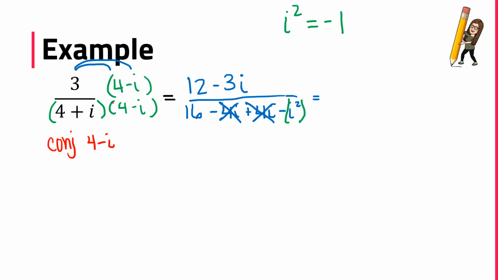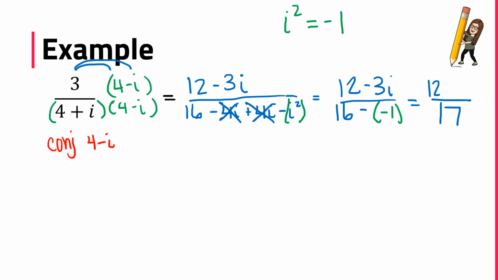Let me rewrite this denominator. I now have 16 subtract -1. So my new denominator is 17. Now I'm going to bring over that numerator. It's okay to have an imaginary in the numerator. That's fine. We just don't want anything crazy in the denominator.